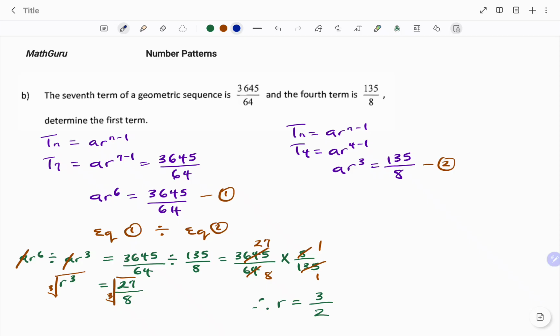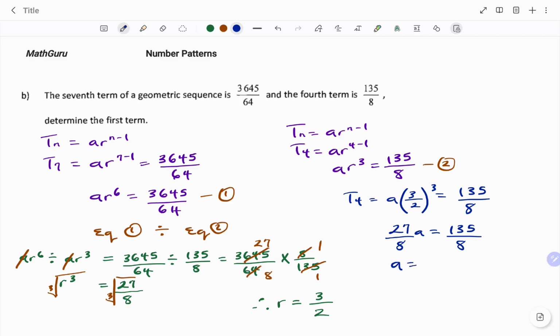So now that I have the value of r, I'm going to pick one of the equations. I pick my T4, such that I have T4, which is equal to ar cubed. So I have a, then r, which is now 3 over 2, so I'm going to replace that, all cubed, is equal to 135 divided by 8. Therefore, I have 27 over 8 a equals 135 divided by 8.